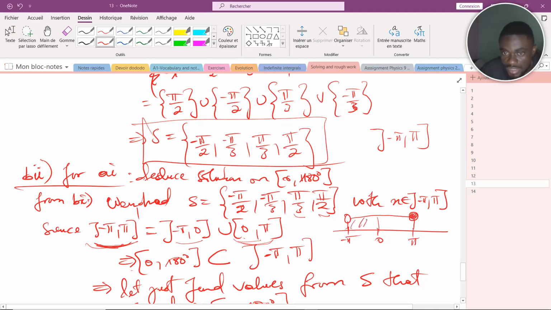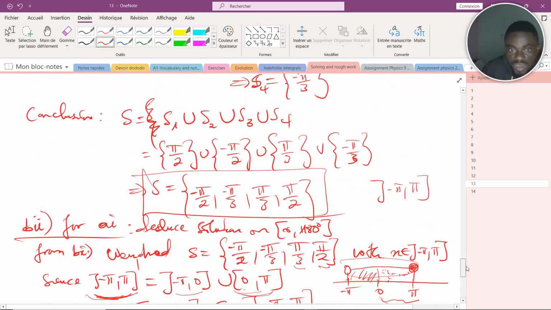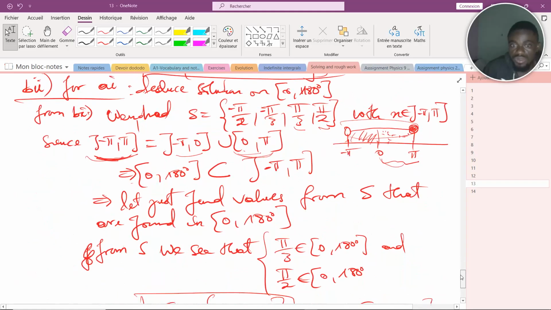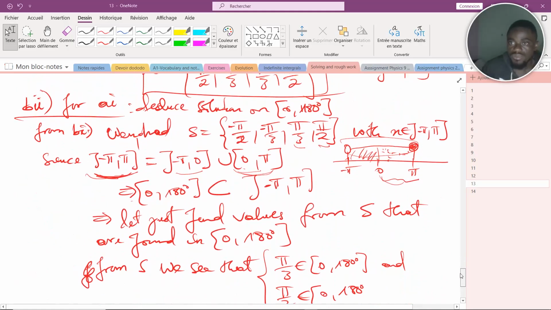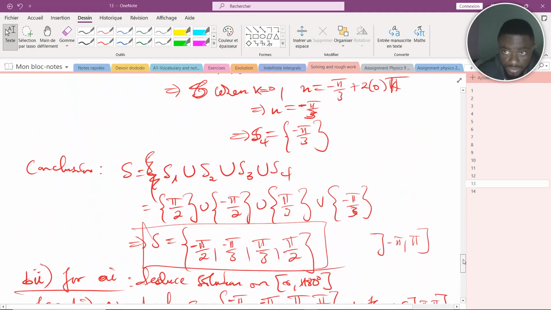You see that there is this interval and there is also this interval. You see that this other interval is a subset of this whole interval. Is that okay? It's very clear. So you just need to find values that were solutions of this that are found in this interval. Simple. I hope you understand what I'm saying. So that was all for this question.